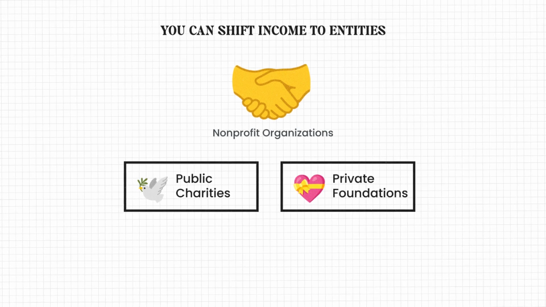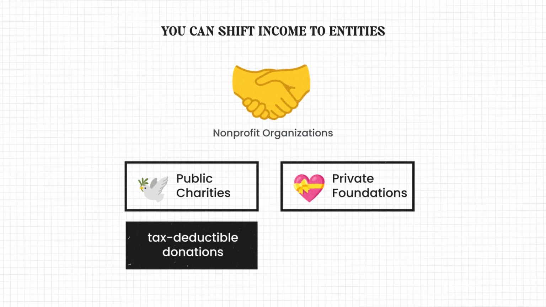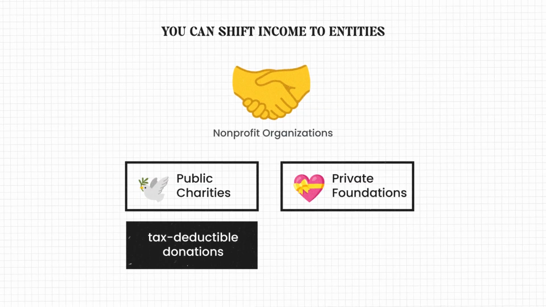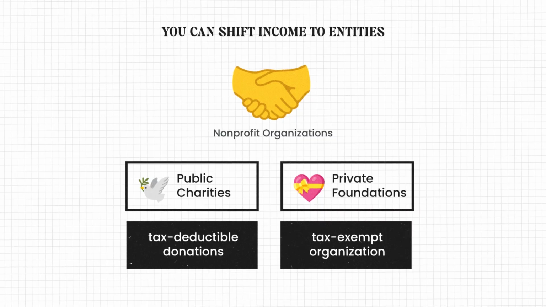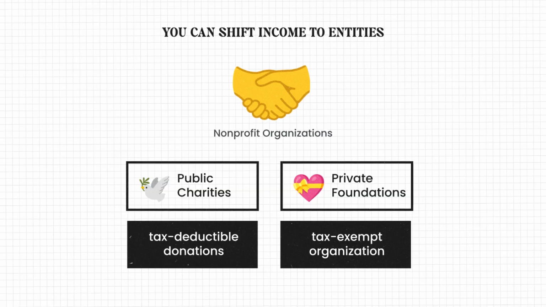When you set something like this up, your donations to that foundation are tax deductible. The foundation, on the other hand, pays 0% tax as a tax-exempt organization, and you can still control how that money is being used. These are all ways in which you can shift income to create tax deductions that in turn lower your income.